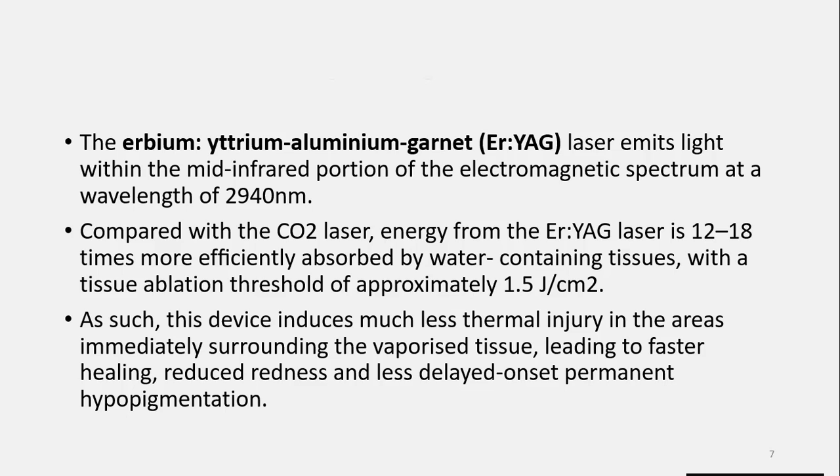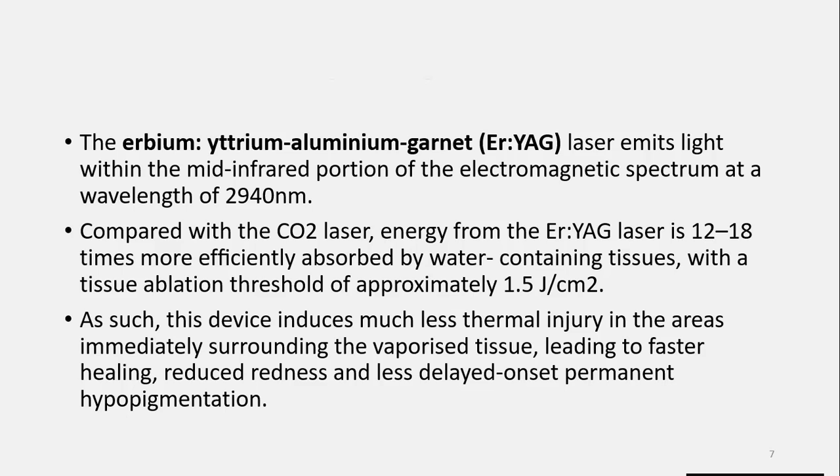Since this laser has the same indications as the carbon dioxide laser, it is always compared with the CO2 machine. In comparison with the CO2 laser, energy from erbium YAG is 12 to 18 times more efficiently absorbed by water-containing tissue, with a tissue ablation threshold of approximately 1.5 joules per centimeter square, which is 5 joules per centimeter square in the case of the CO2 laser.